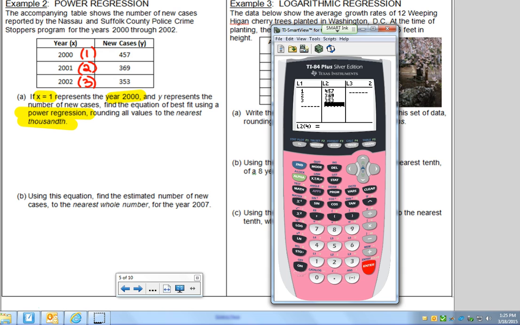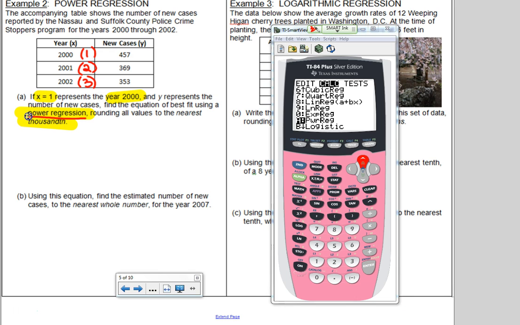All right, that was it. And now again, we're going to go back to our stat calculations and go to our power regression. Just make sure you're using the right one and don't always go to line regressions. So our power regression is that one, PWR, or on the Inspire it actually says power regression. So just make sure you use that one.